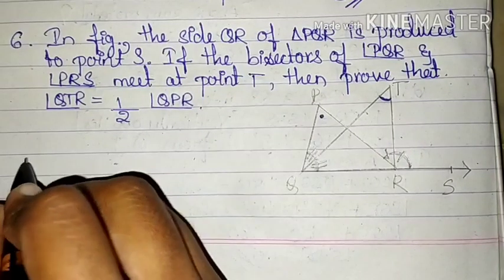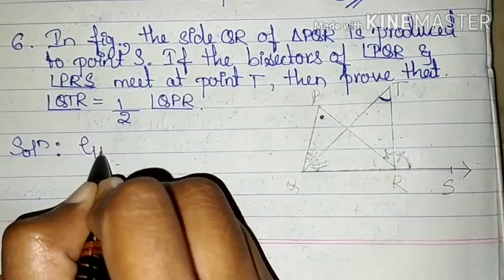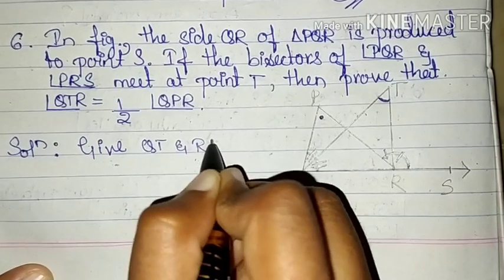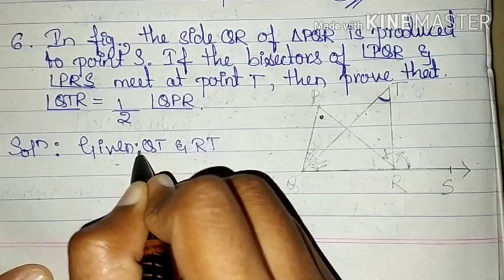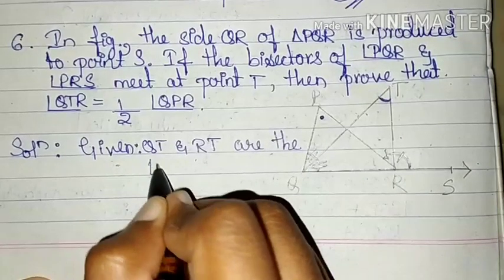So now the solution. Given: QT and RT are the angle bisectors.